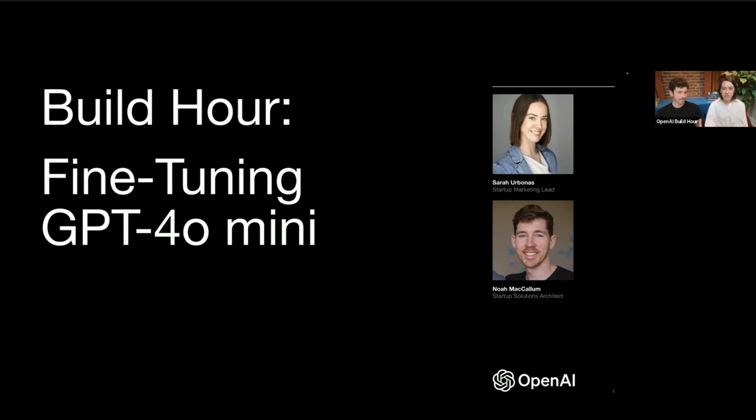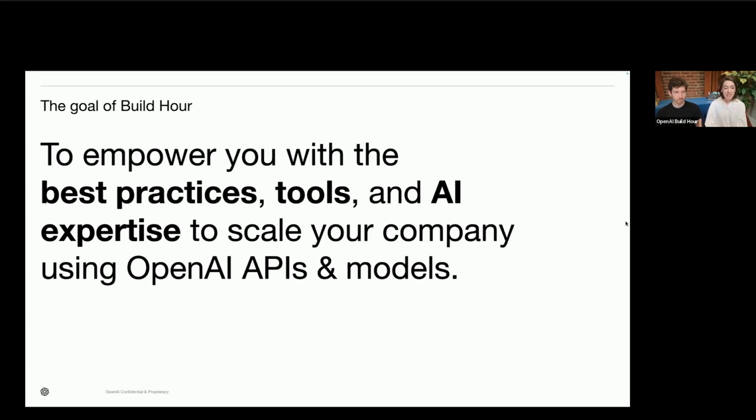Now, we always like to start with the goal of Build Hour. And that's really to empower you with the best practices, tools, and AI expertise to scale your company using our APIs and models. Now, again, this is going to be a little bit special today, getting a little bit more in the weeds because we have this new model that we're excited to get you all up and running on.